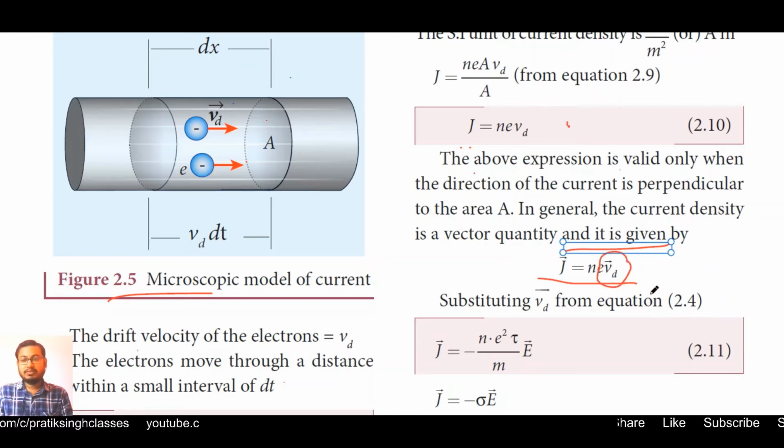We know from our 11th standard topic that any scalar into vector is a vector quantity. Now substituting the value of vd from equation 2.4 in this equation, we get J = -ne²τ/m times vector E, or vector J = -σE.